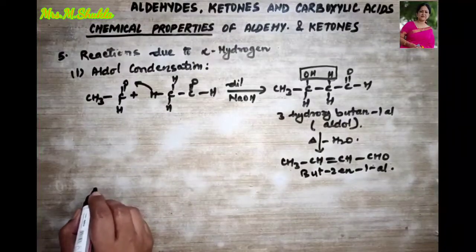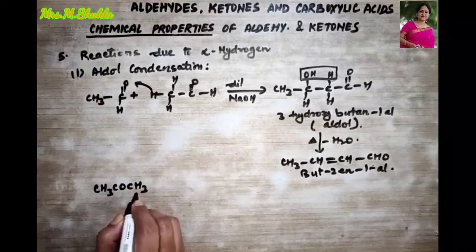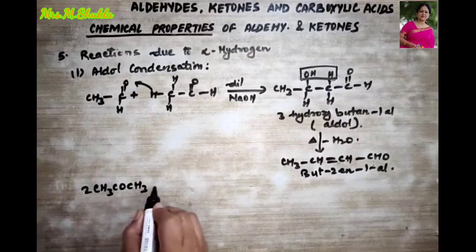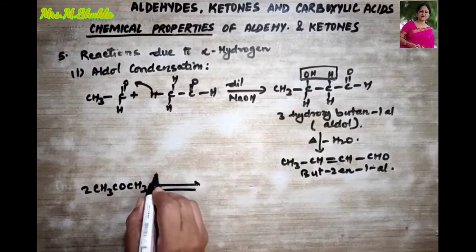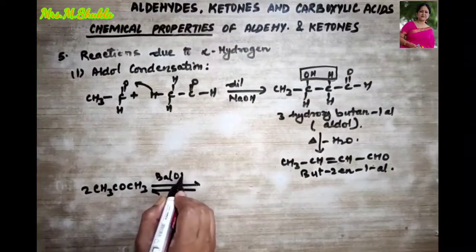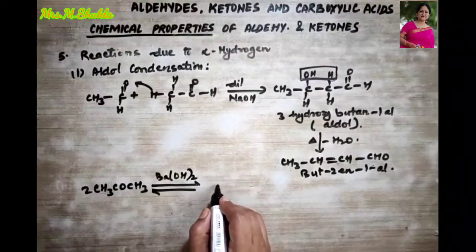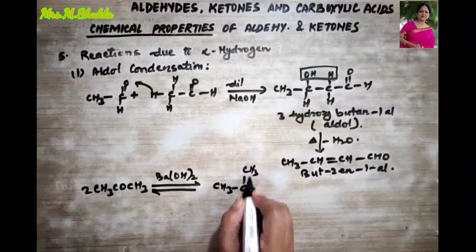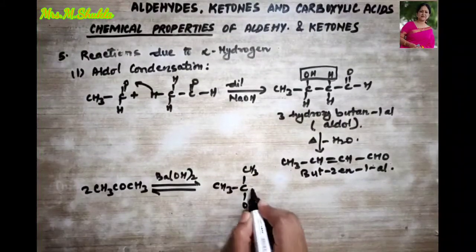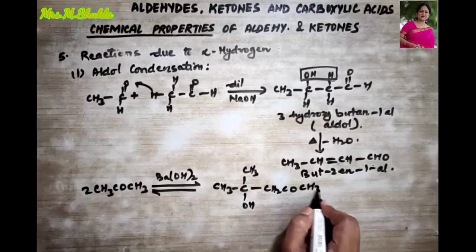So let's take acetone, CH3COCH3. When this is treated with barium hydroxide, it is going to give us what? (CH3)2C(OH)CH2COCH3.